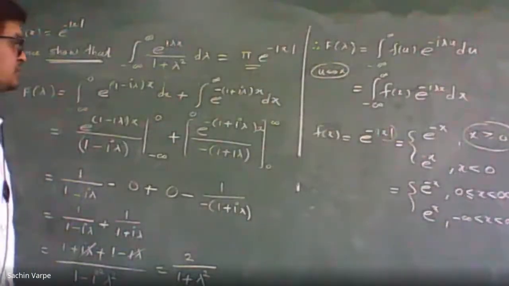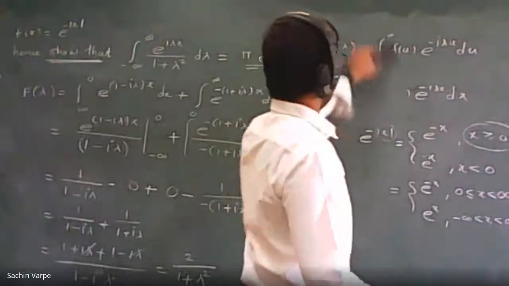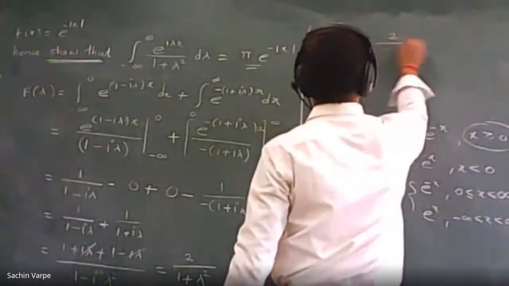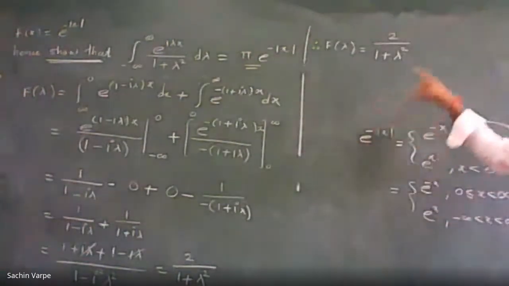Fourier transform. Is that okay? Please ask if any doubt. F of lambda is 2 upon 1 plus lambda square. 2 upon 1 plus lambda square.